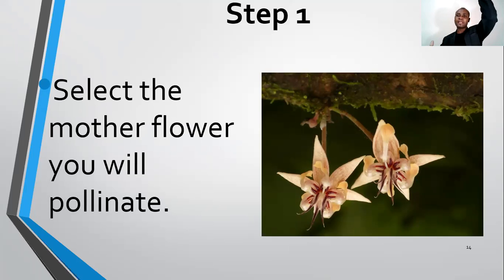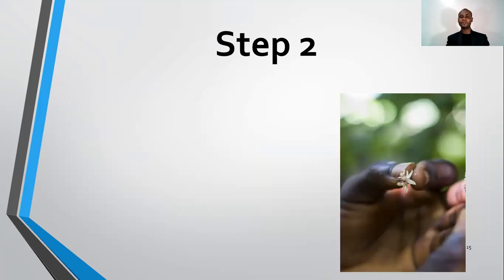So you get flowers from that area, you move to this area, and so on and so forth. So it's like you are doing cross pollination.